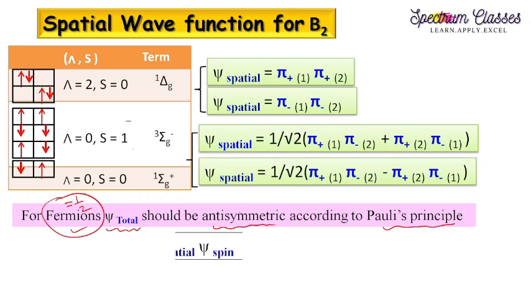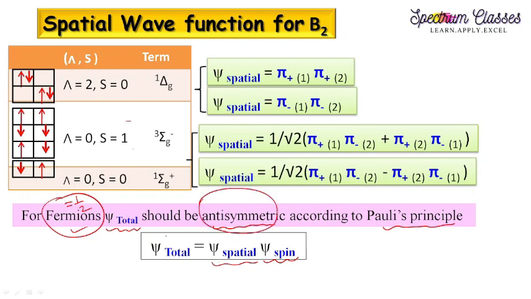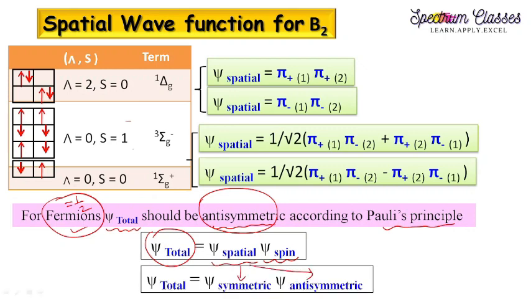So what does it mean? The total wave function for a system is the product of the spatial and spin wave functions. To have an antisymmetric total wave function, if the spatial wave function is symmetric, then the spin wave function must be antisymmetric. If the spatial wave function is antisymmetric, then the spin wave function must be symmetric.